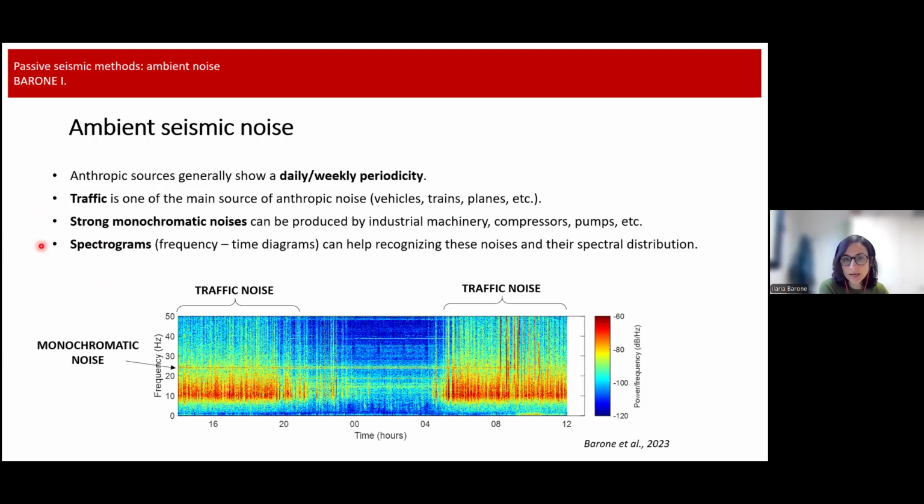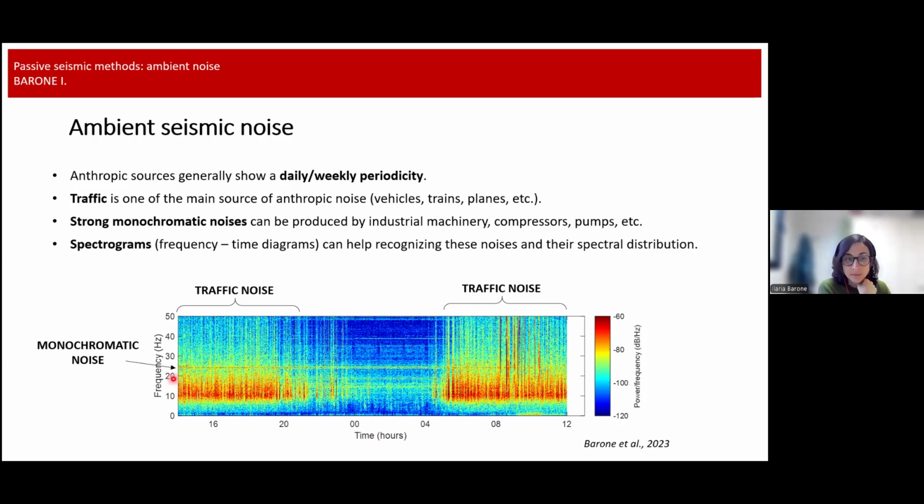A good way to analyze anthropic noise is to compute spectrograms, which are frequency-time diagrams, like the one at the bottom. For example, from this diagram we can see that during the day, the daily hours, we have much more noise focused in, let's say, a range between 8 and 20 hertz, with a peak at 10, 12.